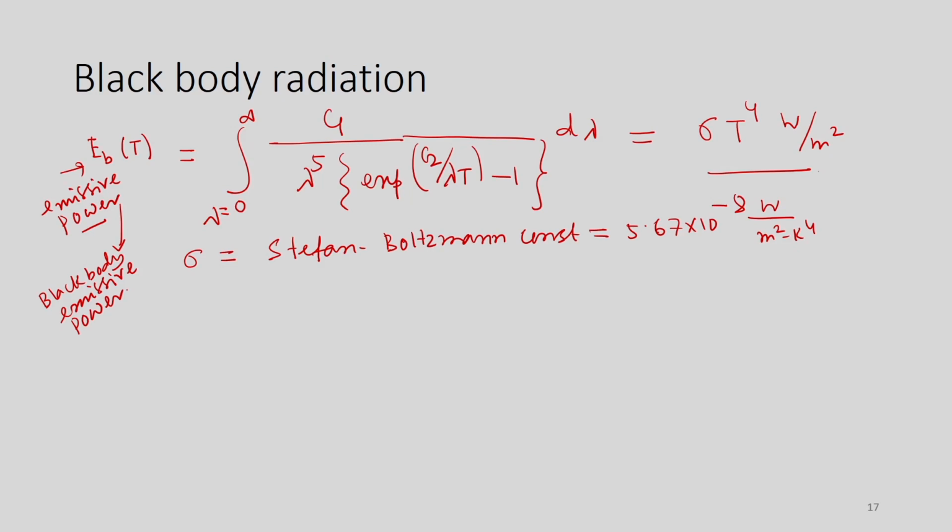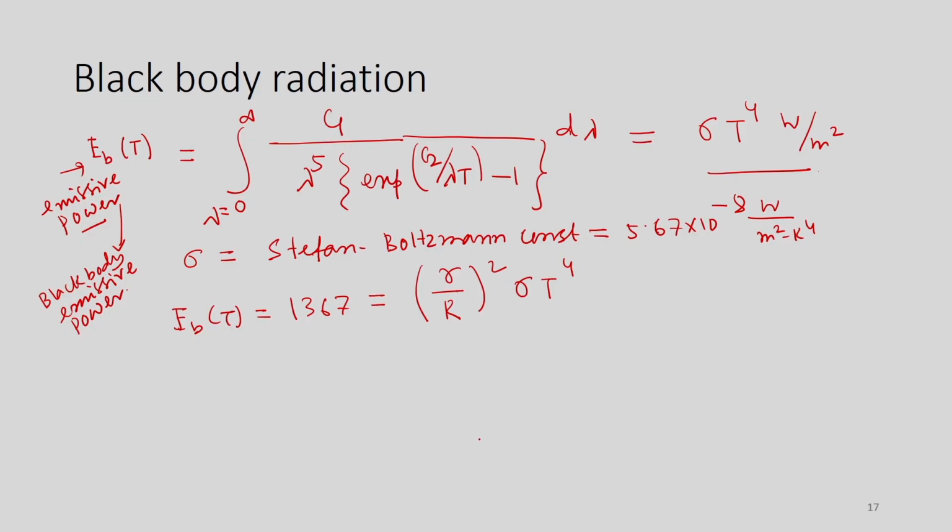So, in order to show that the radiation emitted by the sun is essentially black body radiation, we substitute the value of the solar constant. This is equal to 1367 equals r by R whole square times sigma T to the power of 4.